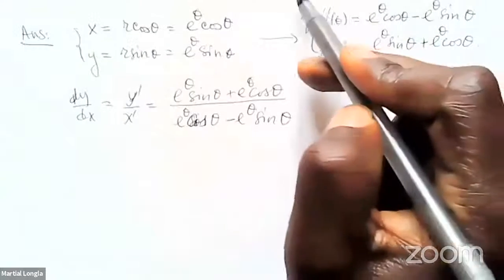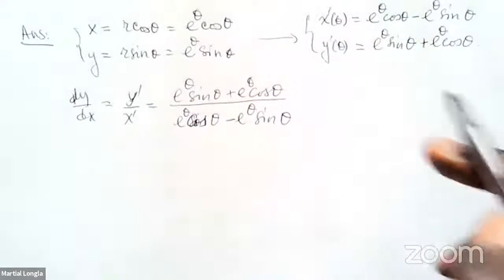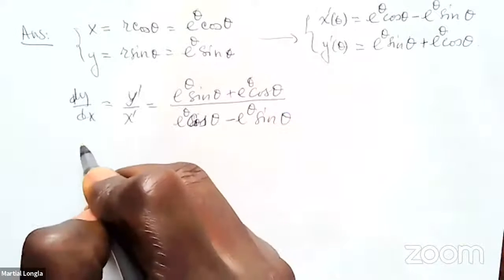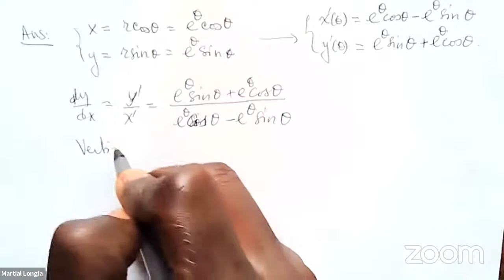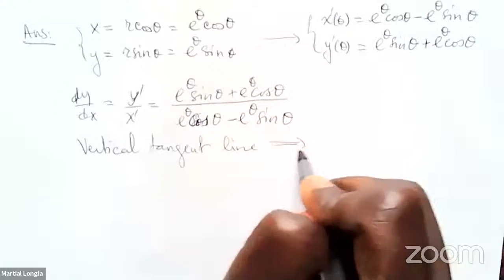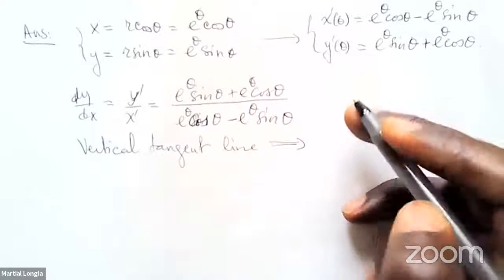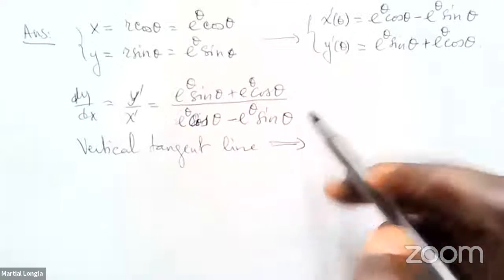The question says vertical, which implies what here? You have to solve for dx equals 0. So this denominator is 0.